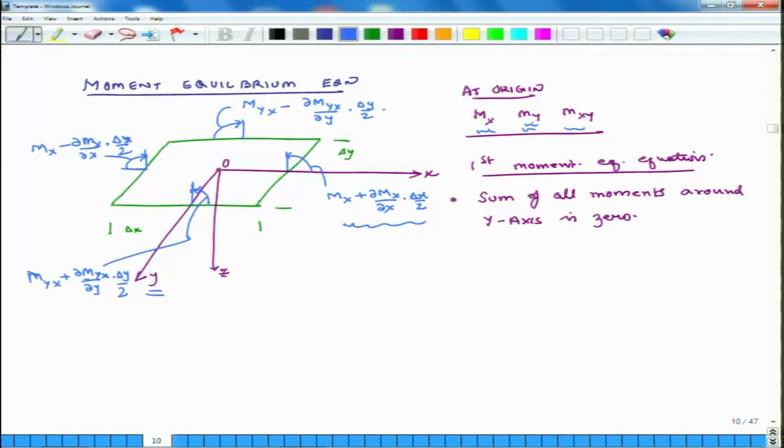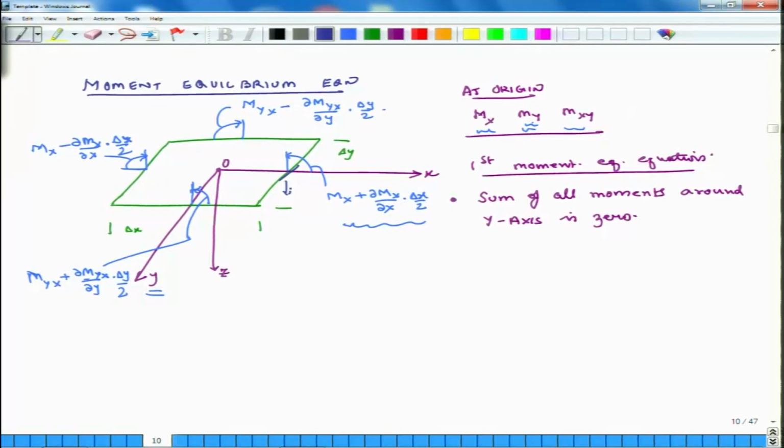Qx acts in this direction, in the z direction, and Qy also acts in the z direction. So, Qx and Qy will also cause moments. Which of these two is going to generate moment around the y axis? It will be Qx, because Qx is acting on this edge.